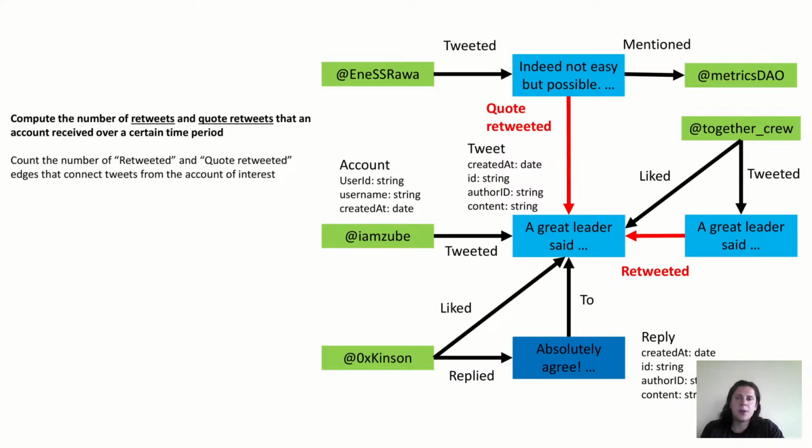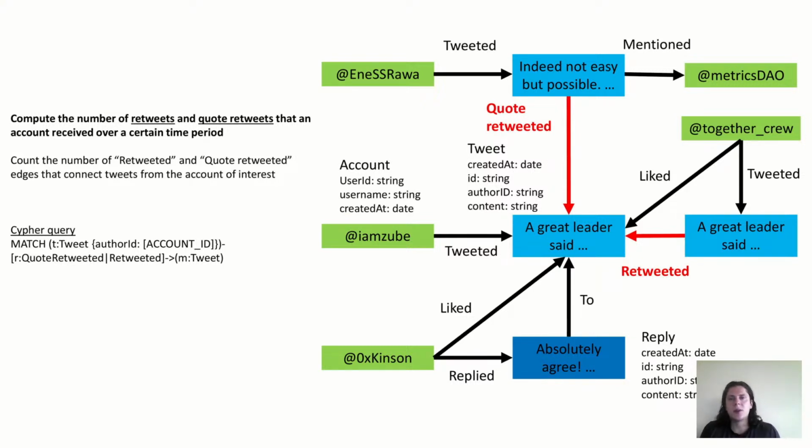And so what a query could look like, and these queries are written in Cypher, which is the language that you can use to query Neo4j databases, is first of all, we're going to look for all the tweets out of the whole collection of tweets that have an author ID that matches the account that we're interested in.